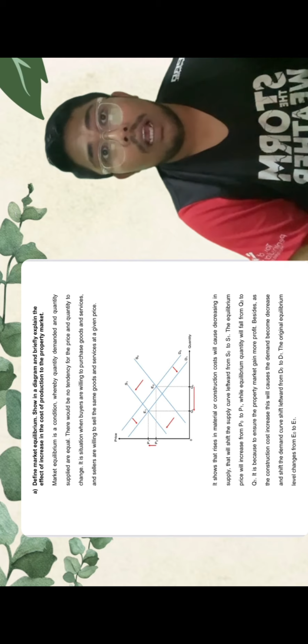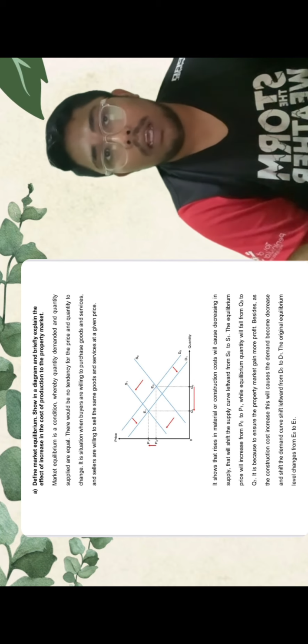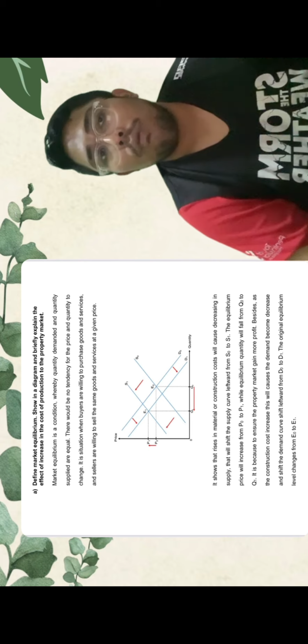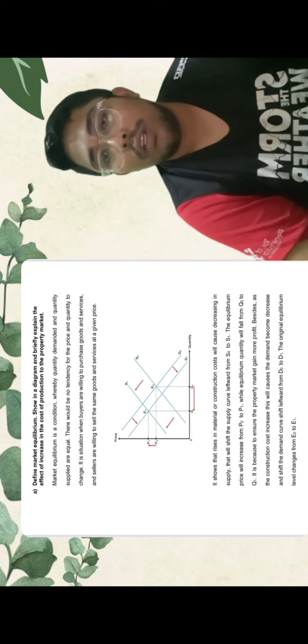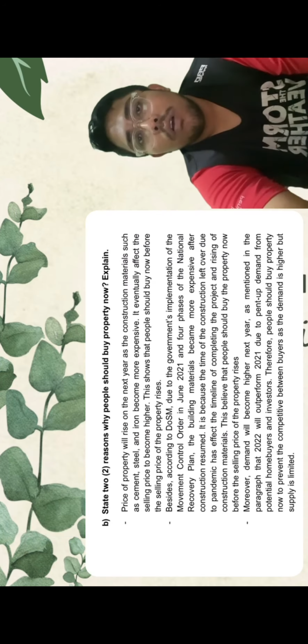Besides, as the construction cost increases, this will cause demand to decrease and shift the demand curve leftward from D0 to D1. The original equilibrium level changes from E0 to E1.